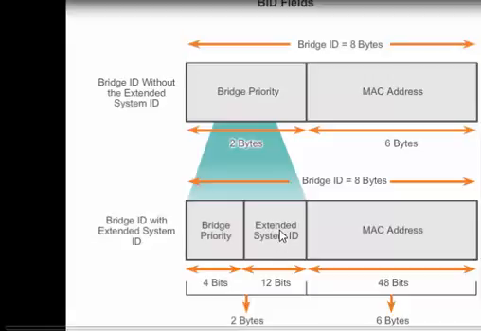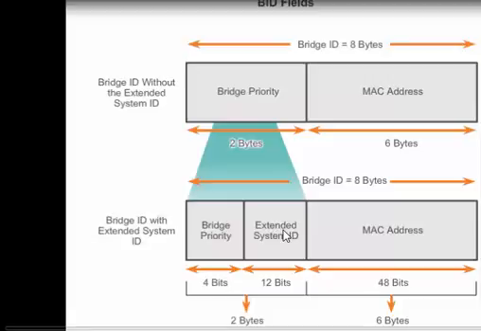This explains why the bridge priority value is configured in 4096 increments, because 2 to the power of 12 is 4096. So the VLAN in the BPDU frame is the 12-bit value in the extended system ID. The 4-bit bridge priority value and 12-bit extended system ID together make up the BID.